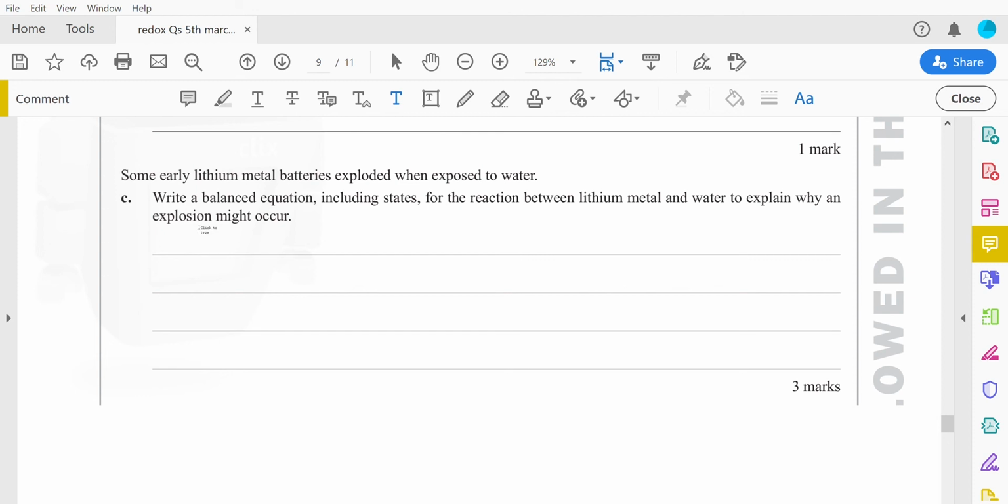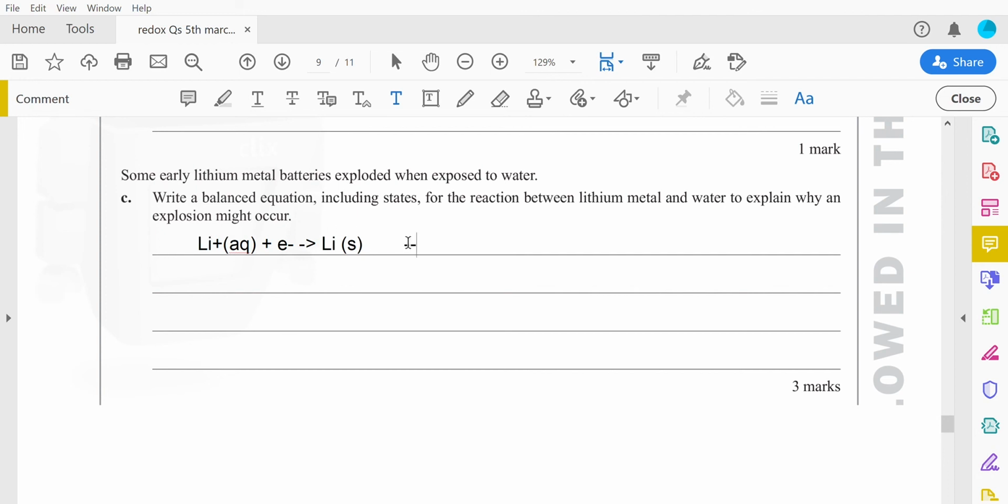We will first find our two half equations. We have Li plus electron produces solid. So this is my first half equation. I know this is going to proceed the opposite way because it's lowest down on the electrochemical series.